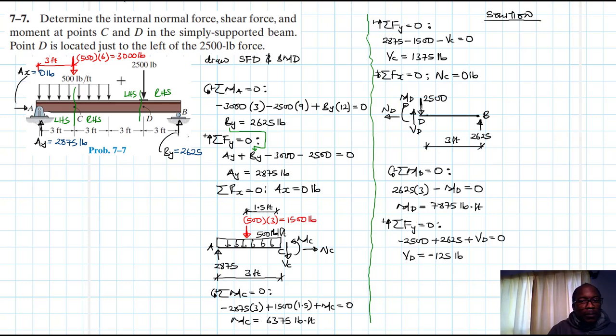All right. And then finally, we have summation of forces in the x direction equal to 0. Of course, we know that our ND is expected to be equal to 0 because we do not have any active force applied in that direction. Great.